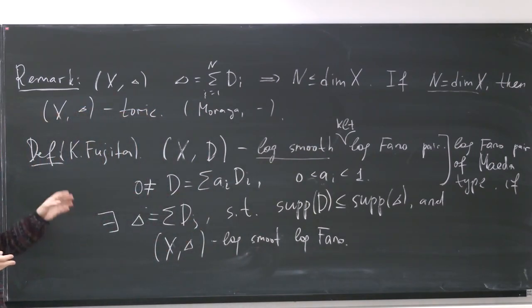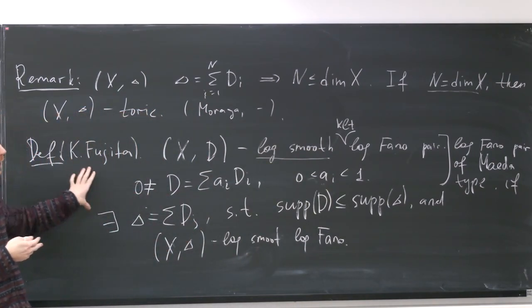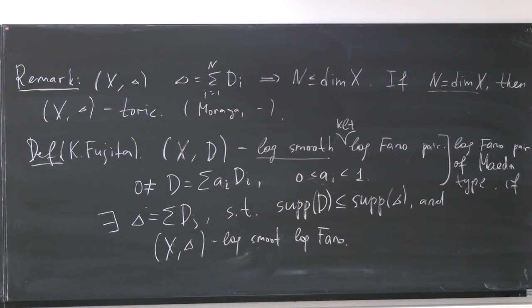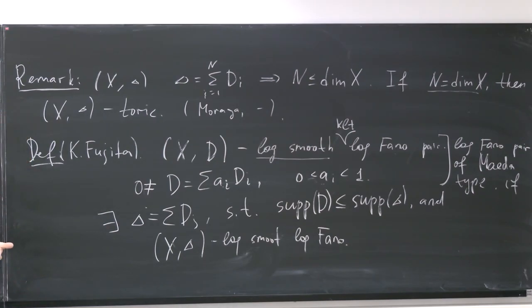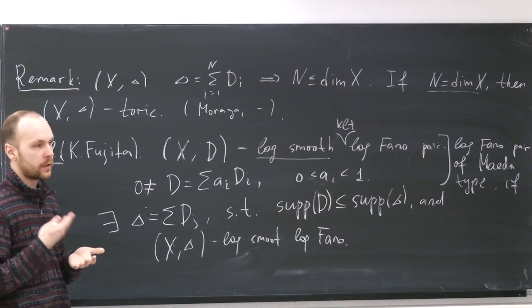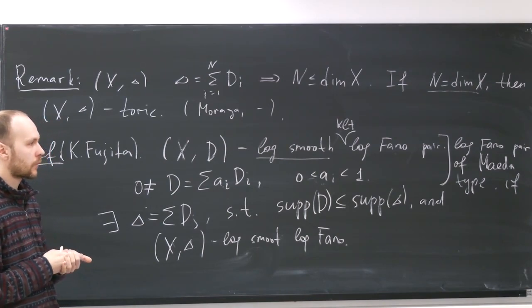So this definition is just the way to make a KLT log Fano pair starting from a log smooth log Fano pair in this sense. Okay, why is this definition important? Why does it make sense? Because the theory of K-stability works with KLT pairs essentially.